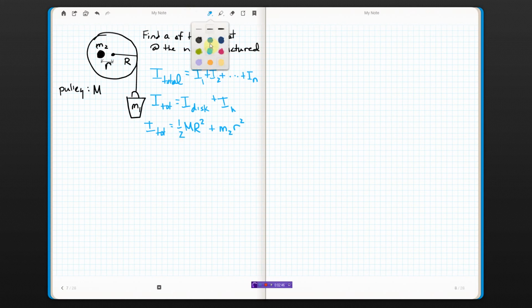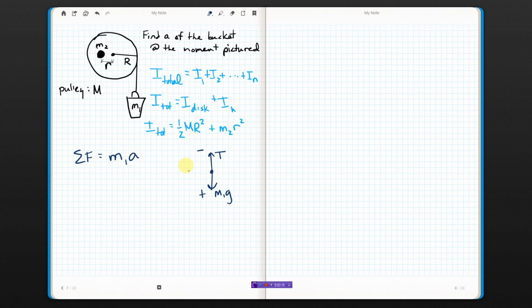All right, so other than that, we kind of do this the same way that we did the last problem. So I do net force equals the mass of the linear thing, which is m1, times a. This has mass times gravity down, tension up. And you know what, for kicks, let's make down positive this time.